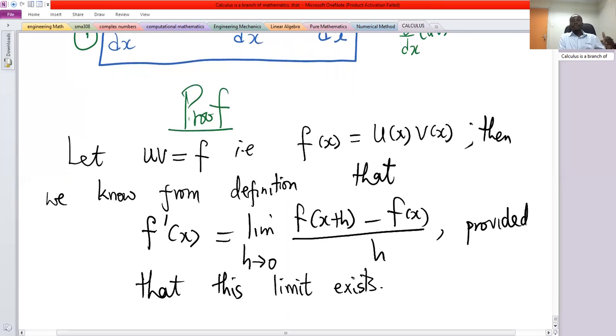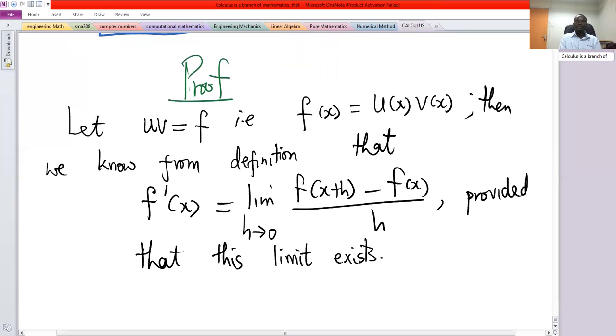That's just from definition. So now the thing would be, how do we define f of x plus h, f of x, and then we put into the definition.